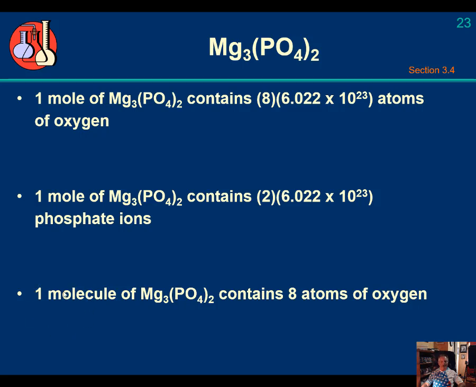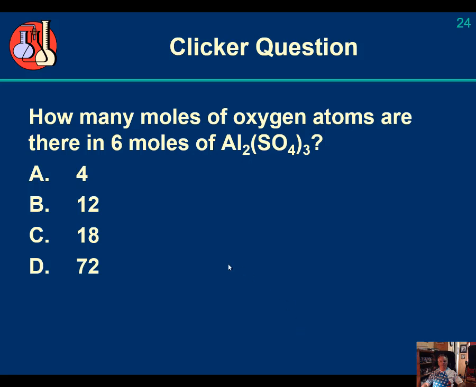Notice I've stepped down to a single unit of magnesium phosphate. It contains 8 atoms of oxygen. So that's just 2 times 4, or 8 atoms of oxygen. If this had been moles, then this would have been 8 times Avogadro's number, because 1 mole is equal to Avogadro's number.